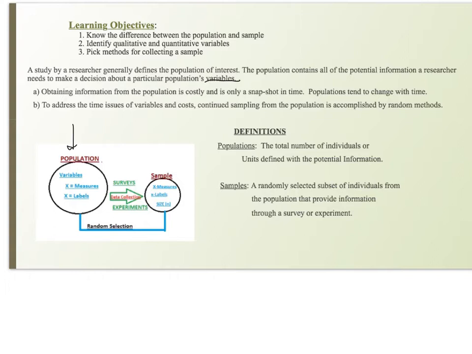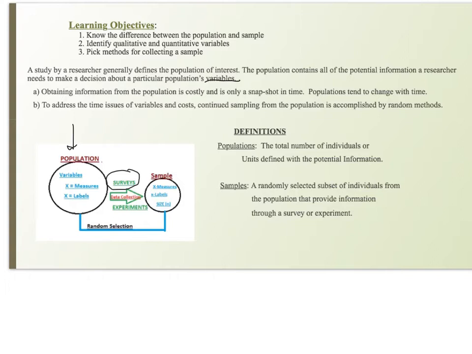So in collecting the sample, the researcher has two methods available in collecting information from the population. One is through a survey, which is typically a questionnaire that is given to those individuals that have been selected for the sample.